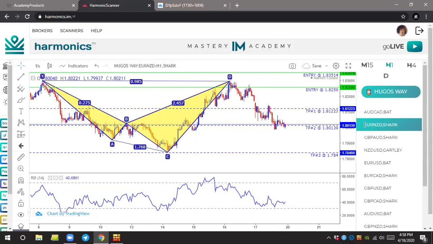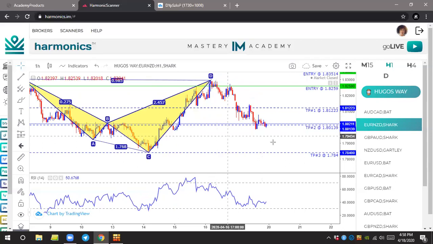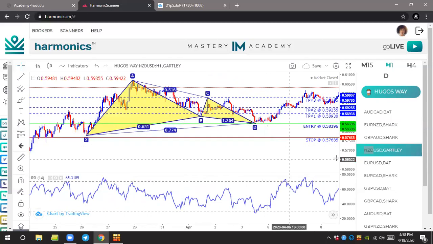Other than that, you should be looking for leading pairs with euros and leading pairs with GBPs to be moving around London session. You should be seeing them move around London session. NZD USD, notice how we're starting with NZD, so that means it can be found and traded in an Asian session. It would have popped up. This would have been your entry, your take profit, and you would have been good.